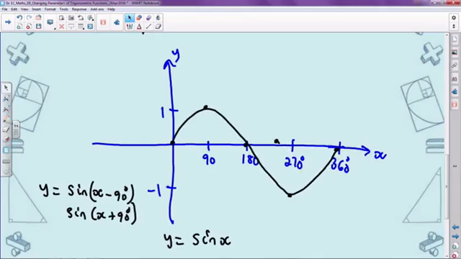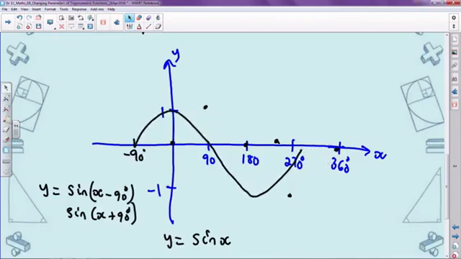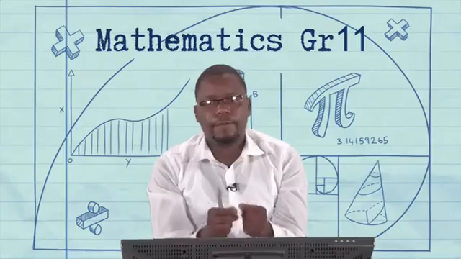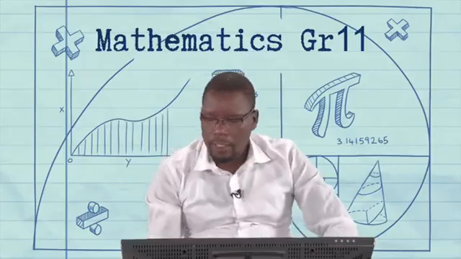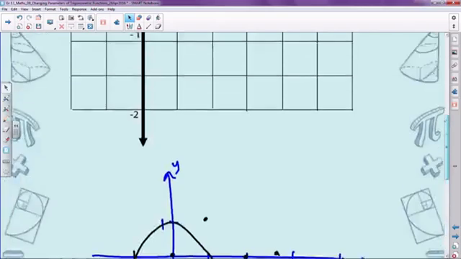And then it's now 90 units to the left, so your graph should be looking like that. Okay, so we're talking about the horizontal shift. If it's minus, to the right, and if it's plus, to the left. Okay, now let's look at our problem.